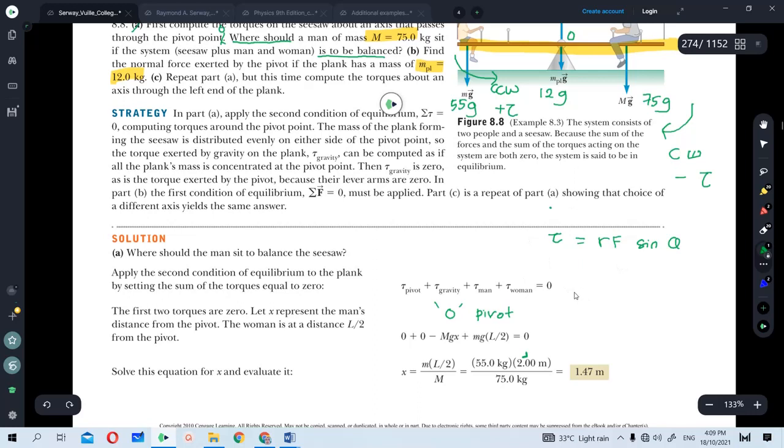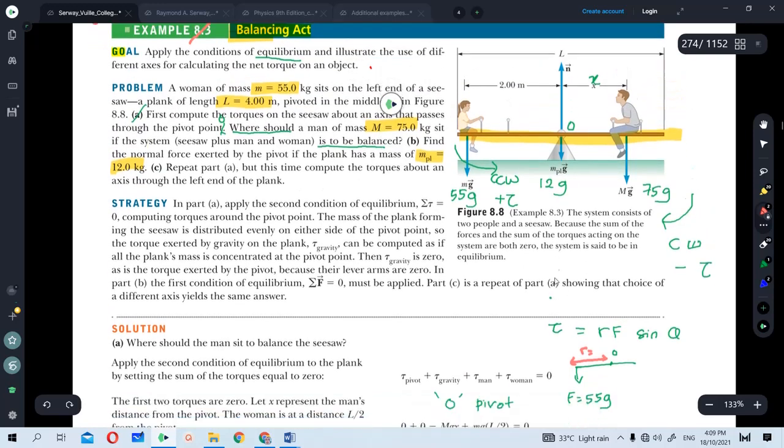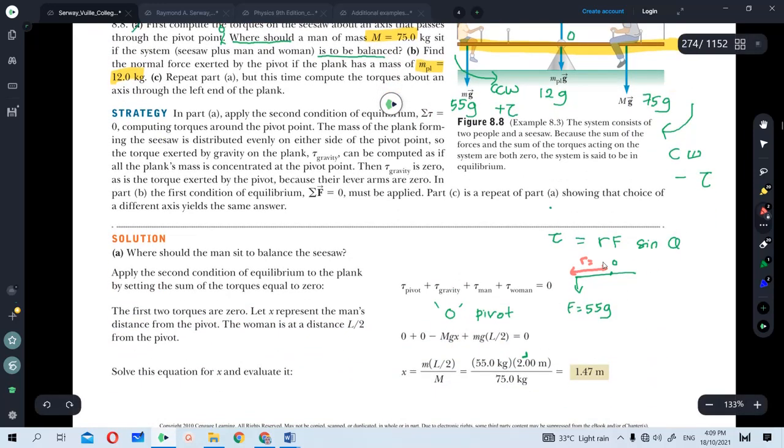In the case of the lady, she is here. This is the O just now. This is the force, which is equivalent to the weight, 55 times g. And the r is therefore here, which is equivalent to L over 2, which is 2 meters. Mathematically, this is 2, this is 55, and this is 90 degrees, because the force and the r are perpendicular to one another.